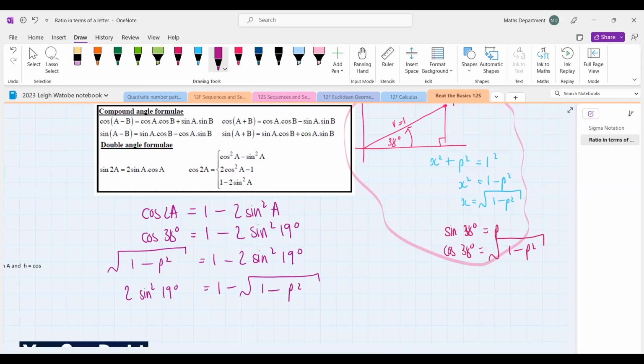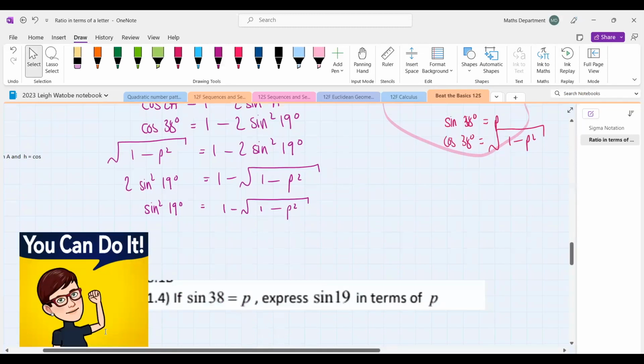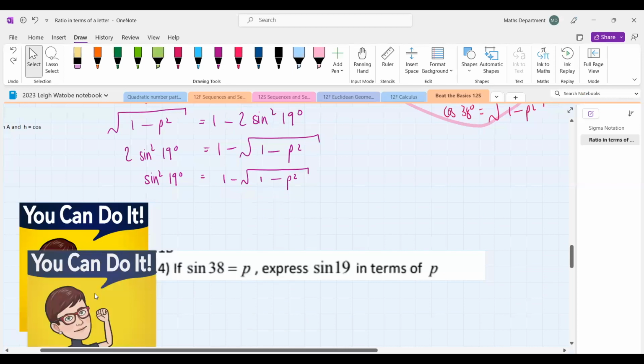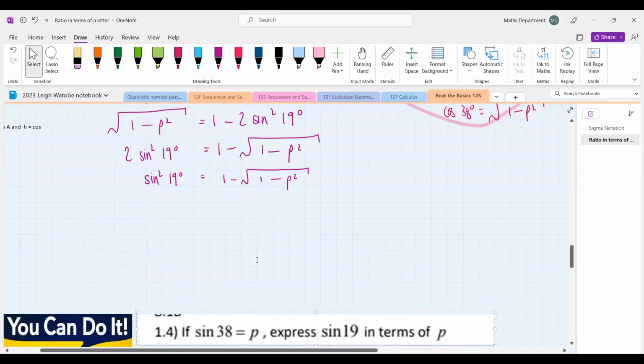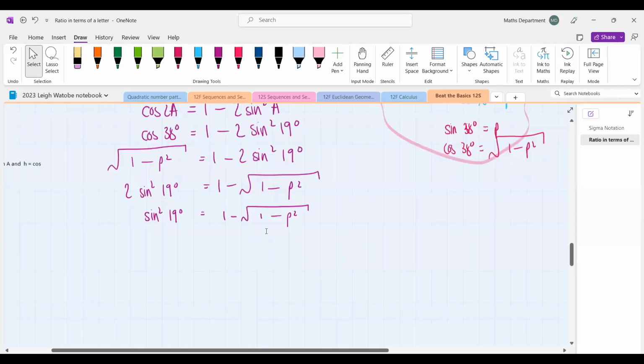Now I've got to divide both sides by 2 to get sine squared 19 on its own. So that's 1 minus root 1 minus p squared, over 2.